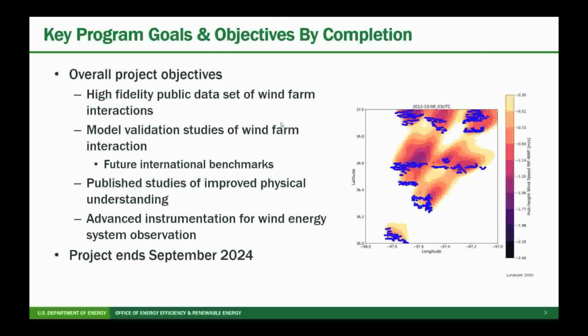And also a big part of this is we know that current instrumentation used to observe wind plant flows are insufficient, at least compared to the models that we're using to model the physics of wind plants. So we would also like to advance the state of the art of instrumentation used for observations. That's another big goal. This is a large project in the United States funded by the Department of Energy, and will be going for another 4 years or so.